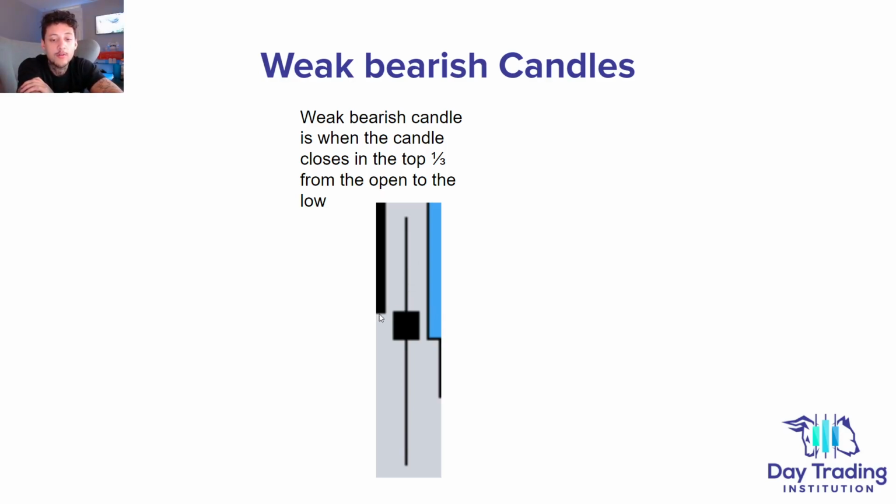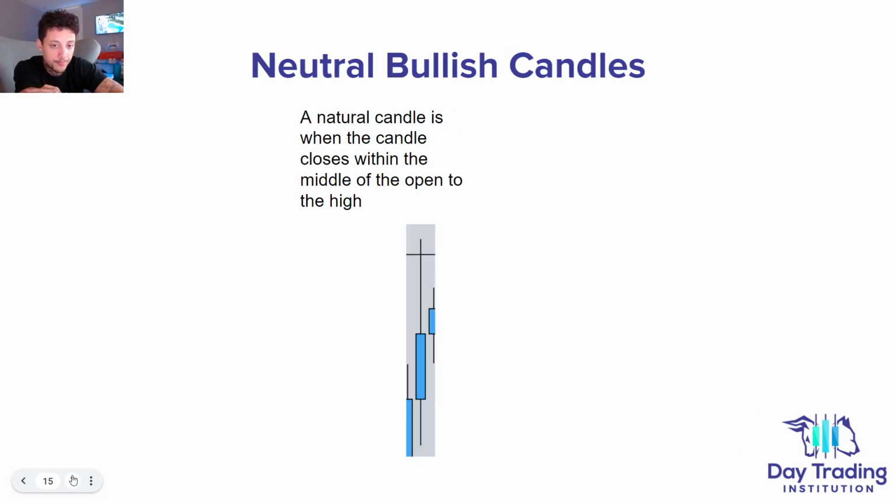Notice how from the open to the low, price came all the way back up and closed within the top third of the actual movement from the open to the low, showing us that this is a very weak bearish candlestick. Again, I can use the same tug of war example where at one point in time, sellers were very strong, but then buyers came back into the market and ended up finishing where they started, showing us that sellers were very weak. So again, you can think about everything as literally a tug of war battle.